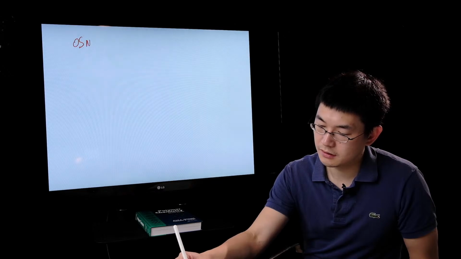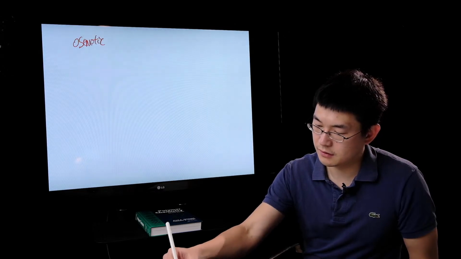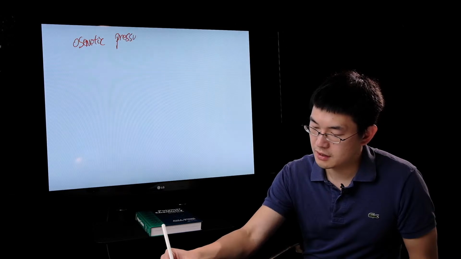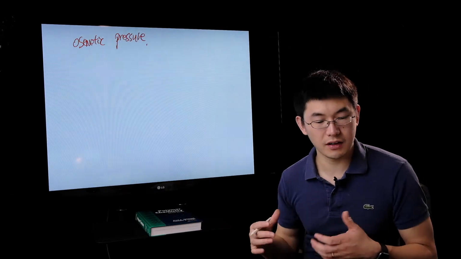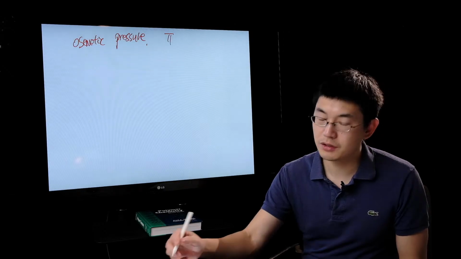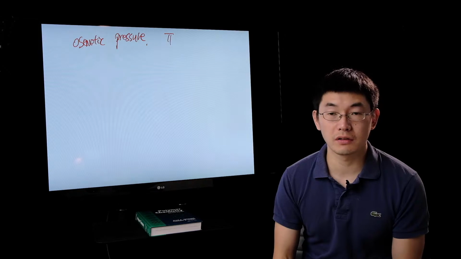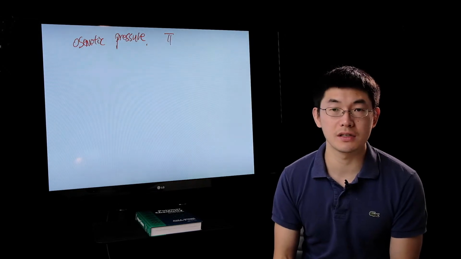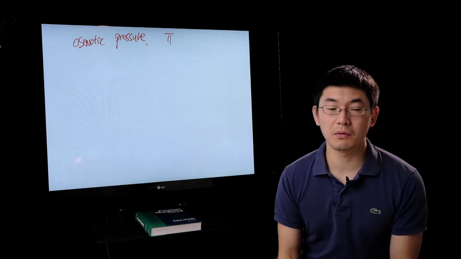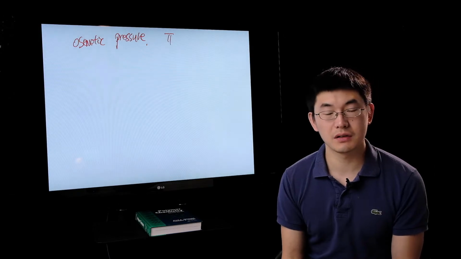And to summarize the last part, we also discussed a new parameter called osmotic pressure throughout this particular chapter. Okay, this parameter comes from the fact that when you have a polymer dissolved in a solution, you also create chemical potential differences between the part where you have the polymer and the part where you don't.